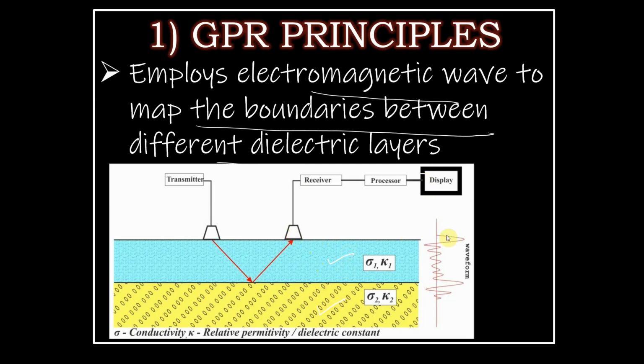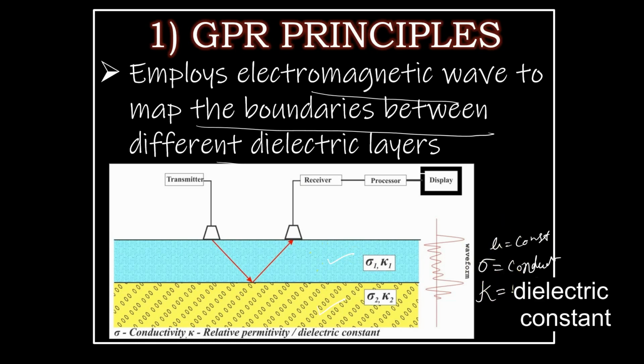So in both cases I am considering mu equals constant. Mu means permeability, and sigma denotes the conductivity, and K or kappa denotes the dielectric constant. Sometimes we also denote the dielectric constant by epsilon r, which basically gives you the idea of relative permittivity.